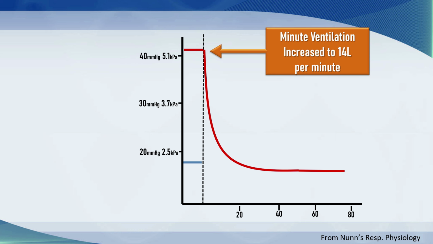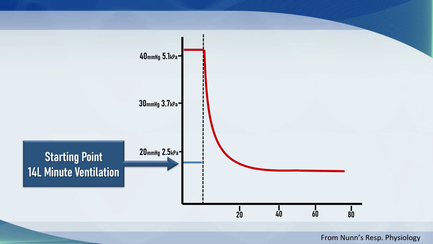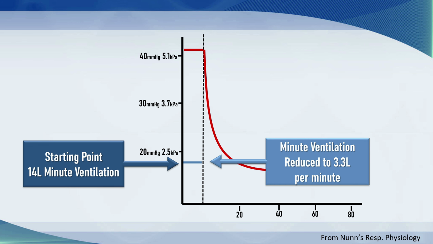So if you increase alveolar ventilation, the reduction in the plasma and our blood CO2 level, and indeed extracellular CO2 level, is very dramatic and very quick. Conversely, if you have the same patient who starts off with a low PCO2, and the patient's on a starting minute ventilation of 14 litres per minute, we're going to turn the minute ventilation down to 3.3 litres per minute.